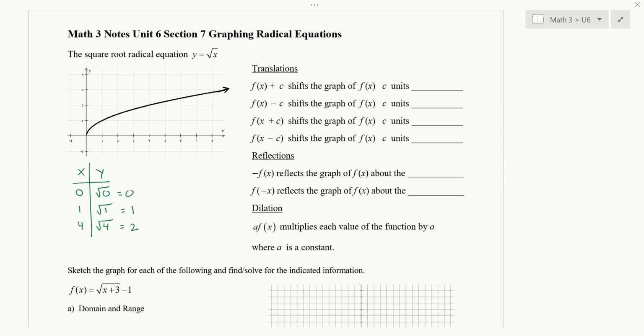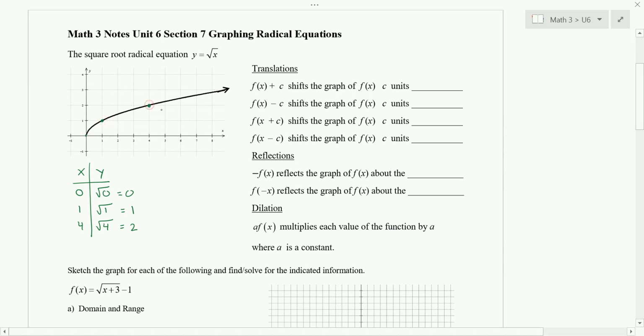What values should I plug in to help me get an idea of this graph? When you do graph this, this particular one, the domain starts at 0, because if you plug in a negative value, it's imaginary. So there is nothing to the left of the y-axis.